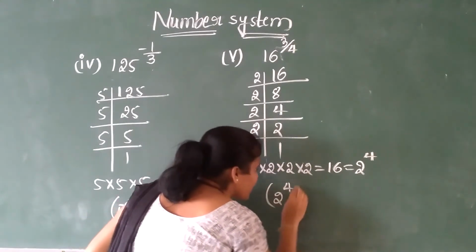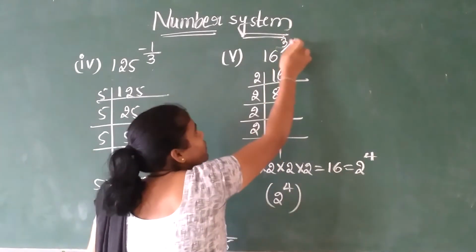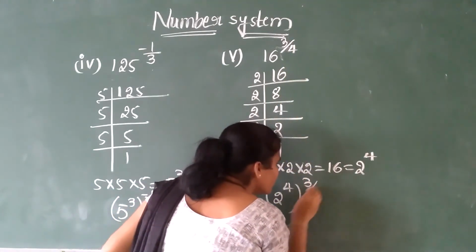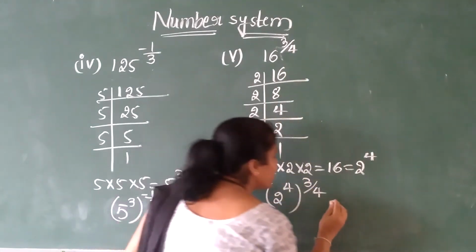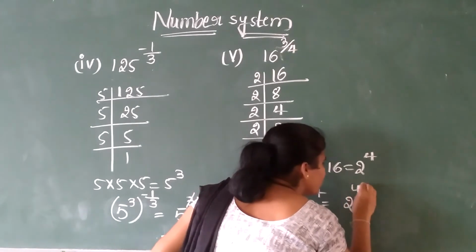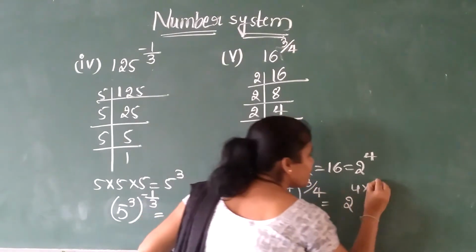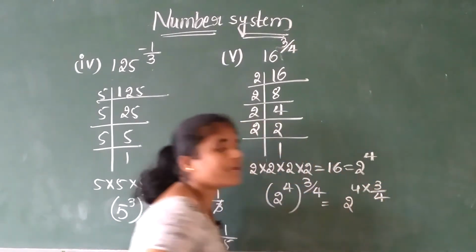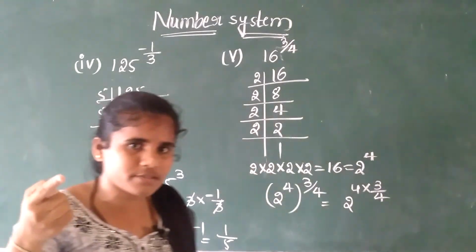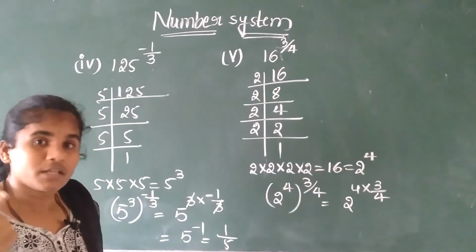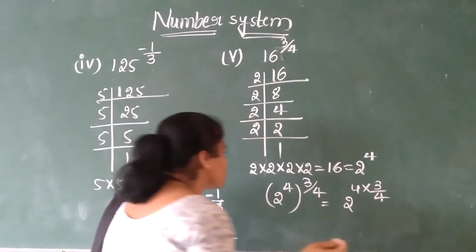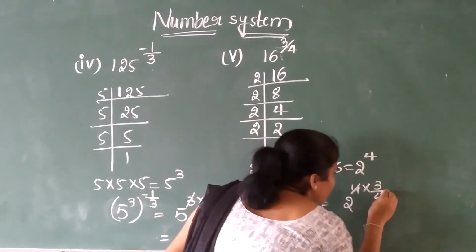So 16 we can write as (2 to the power 4) whole to the power 3 by 4. We can write it as 2 to the power 4 into 3 by 4, by using the law (a to the power m) whole to the power n is equal to a to the power m into n. So here the 4s get cancelled.